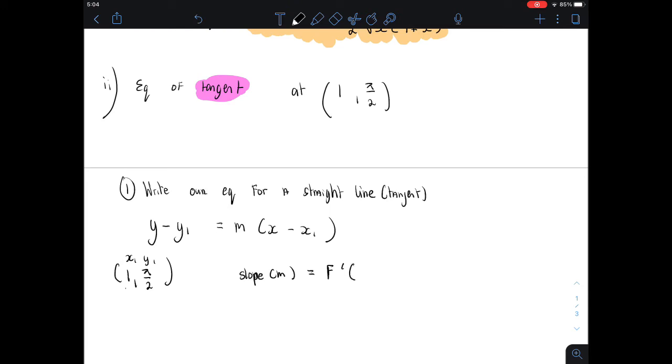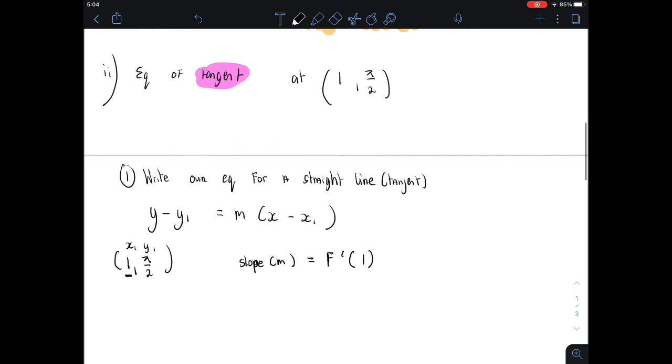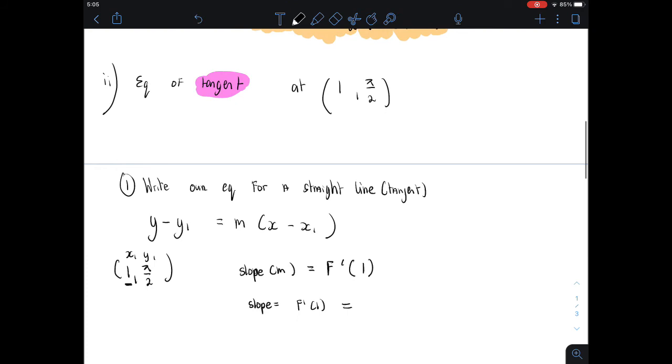Remember that the derivative of a function gives you the slope. So we want the derivative of our function when x is equal to 1 to find the slope of our line when x is 1. Our derivative from part 1 is 2 all over 2 root x times (1 plus x).